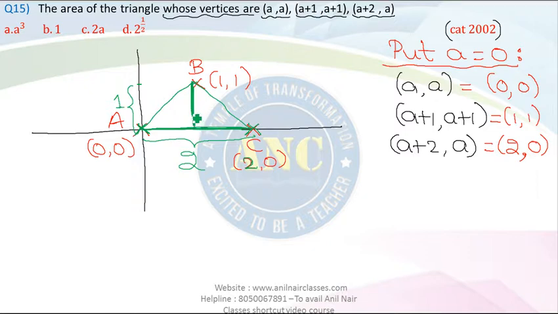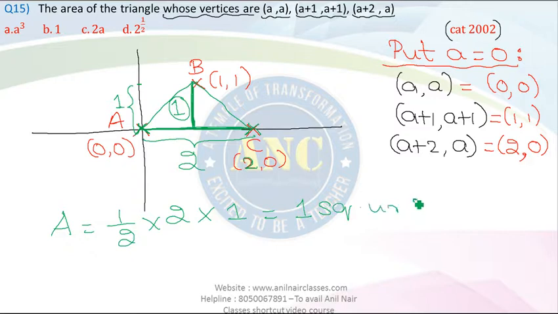It is 1 unit. I hope you are able to understand. They are actually asking you to find the area of the triangle. Area of the entire triangle is half into base into height. Base is 2, height is 1. 2 into 1 by 2 is nothing but 1 square unit.